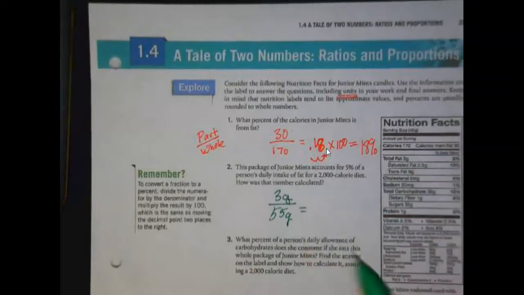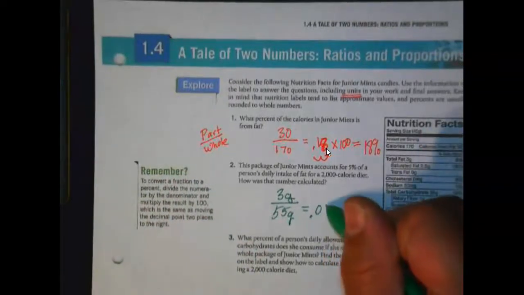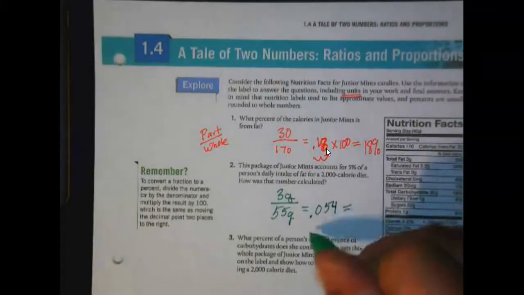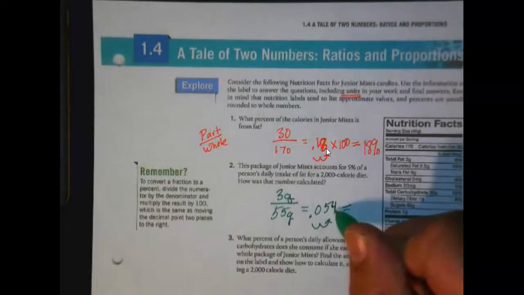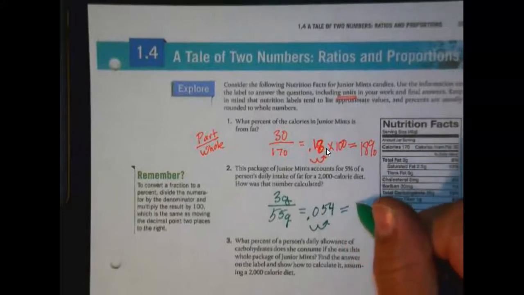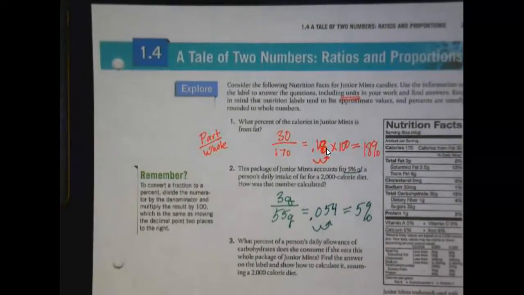If I plug that into my calculator, 3 divided by 55, I get 0.054, and if I use my decimal thing, I'm going to round that down because that's a 4, so it gives me 5%. And that's how we got that 5%.